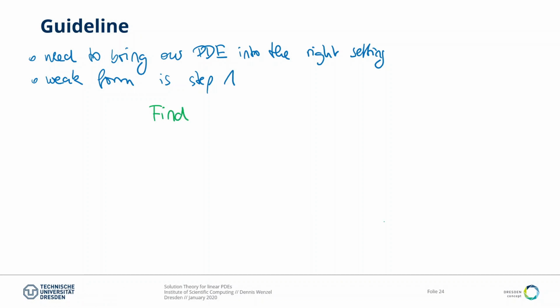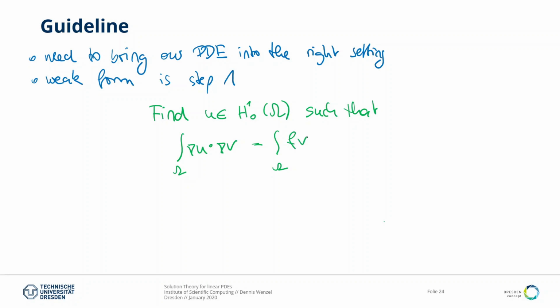That read something like: find u in H10 of omega, here H10 because of the homogeneous Dirichlet boundary condition, so 0 on the boundary, such that the integral over omega of gradient of u times gradient of v, which resulted from taking your Laplacian, multiplying with the test function, and then applying the Gaussian theorem to do partial integration and reduce the number of derivatives on u, is equal to an integral over f times v for all v in V. Of course not v in V, but v in H10 of omega.